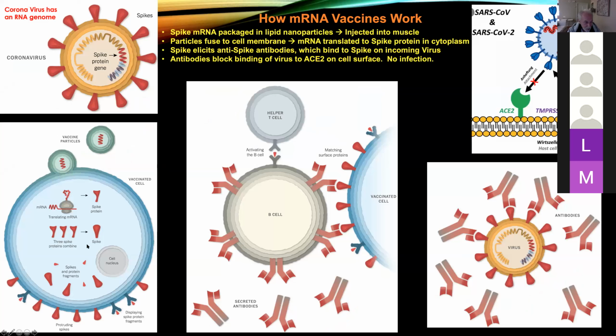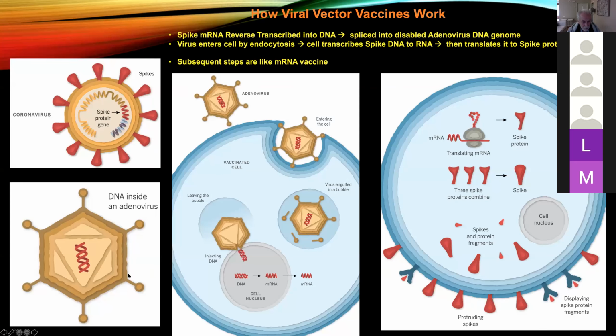I want to go back and point out that in the case of mRNA, the nucleus is not involved at all. All the action is in the cytoplasm. Whereas in the case of adenovirus vector, the DNA has to go into the nucleus.